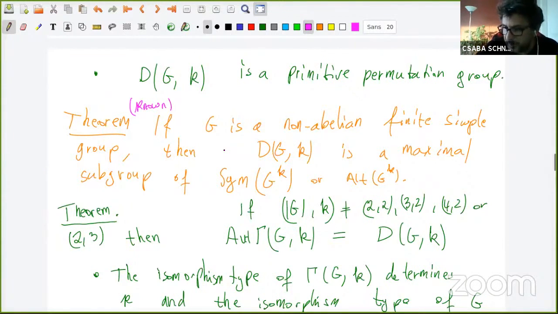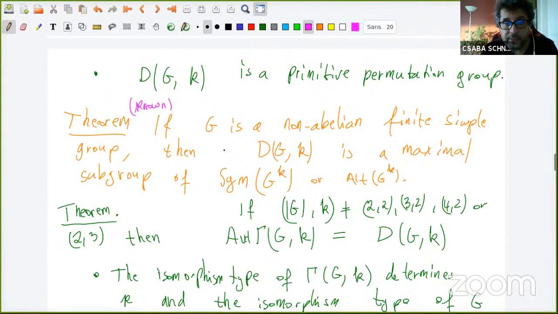The fact that such maximal subgroups exist occurs in the O'Nan-Scott theorem, and it was later proved by Praeger, Saxl, and Liebeck that these groups are maximal always whenever G is a finite simple group, and it's not going to be maximal if G is not a finite simple group.